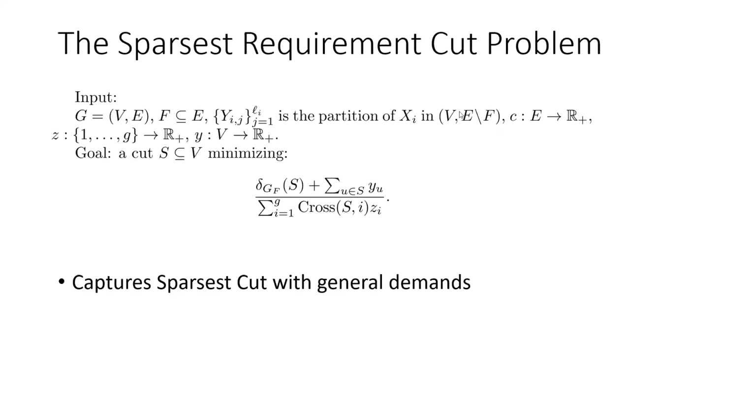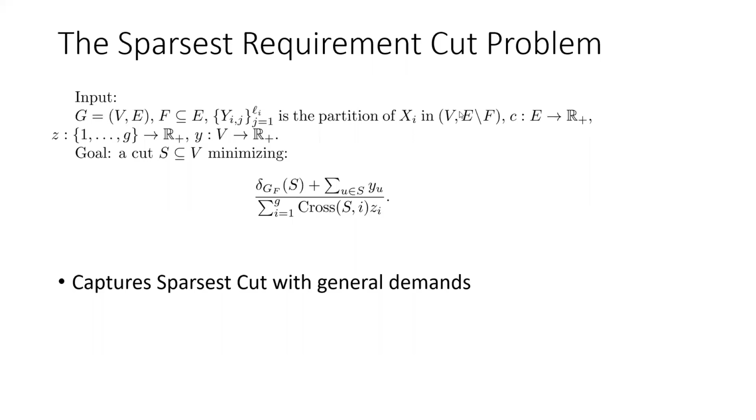So for the dual separation oracle problem, we call it the sparsest requirement cut problem. And it generalizes the sparsest cut with general demands. And we receive as input here a graph and a set of edges F that is a set that we removed from the graph.